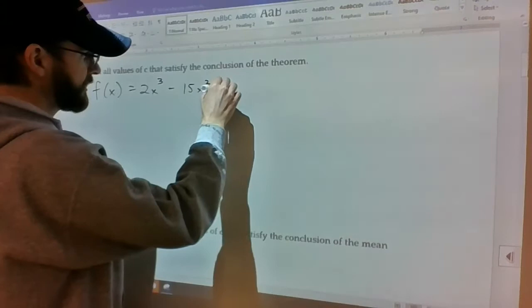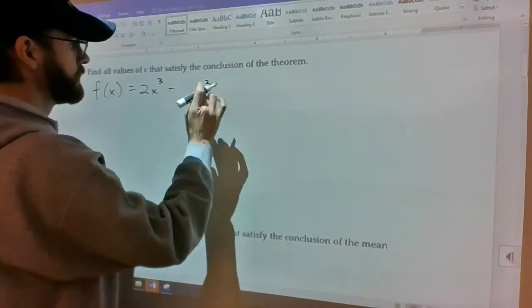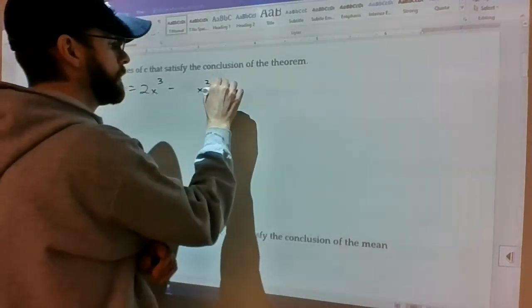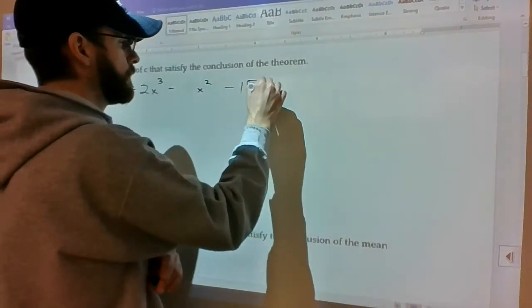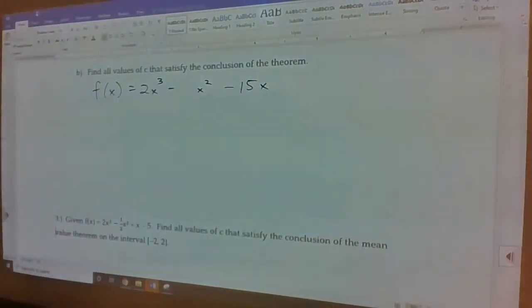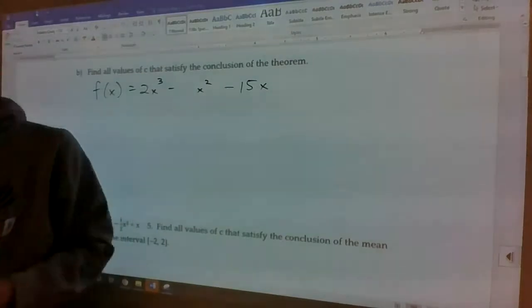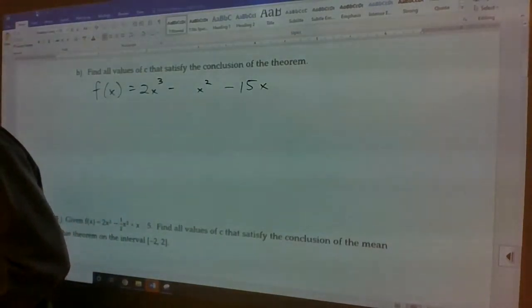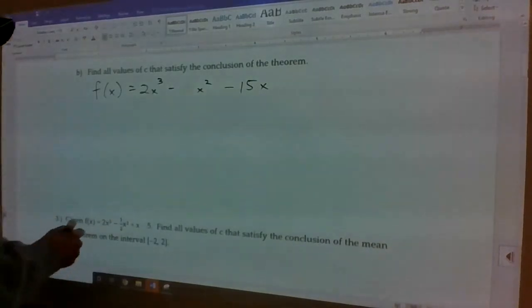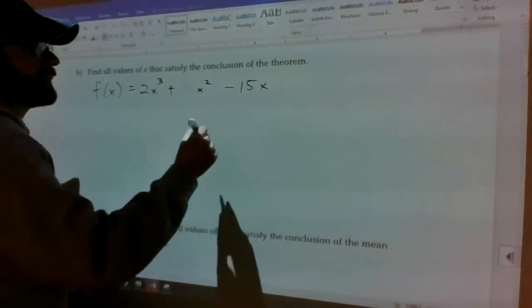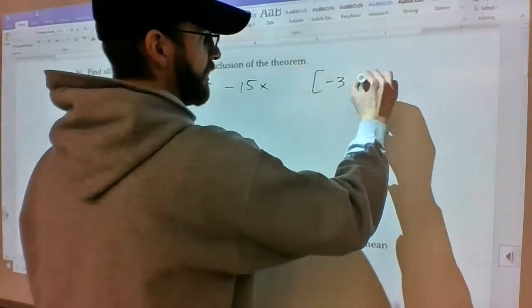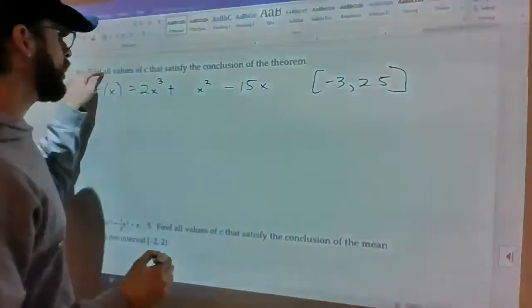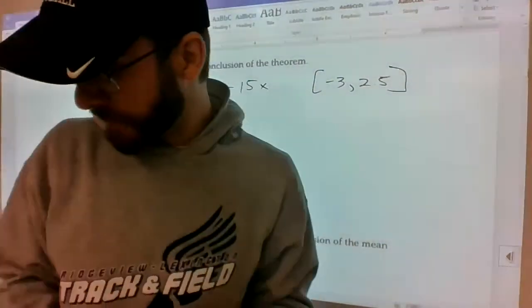Oh boy, I'm already forgetting. I think it's minus x squared. The wonders of technology. Plus, okay, got it. Over the interval -3 to 2.5, find all the values of c that satisfy the conclusion.